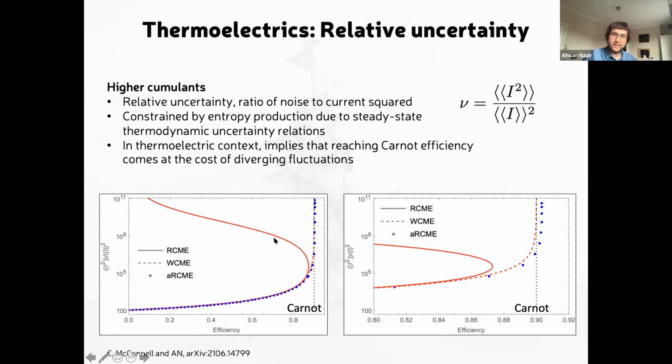In the strong coupling case, the non-additive case, it doesn't reach Carnot, and the efficiency actually drops, but the fluctuations still diverge. And the right-hand side is a magnification around here, where we can see that, again, the additive approach is incorrectly predicting efficiencies above the Carnot bound as we go towards the stopping voltage.